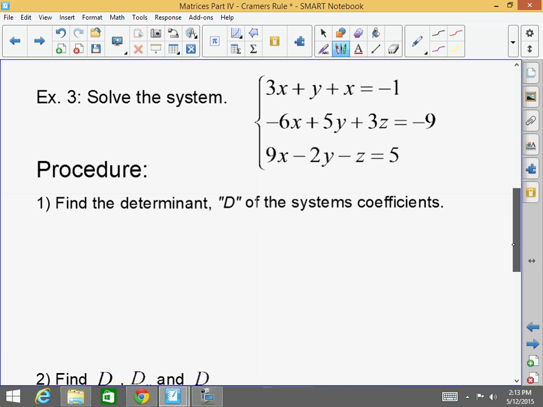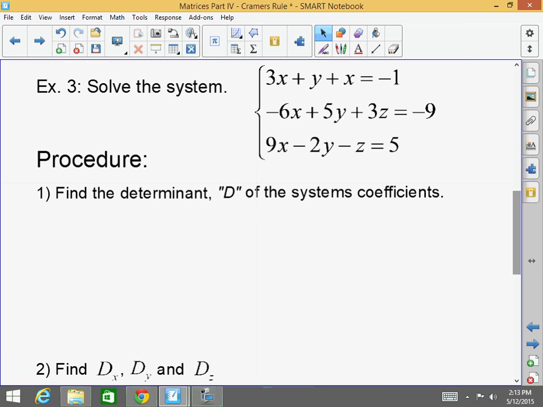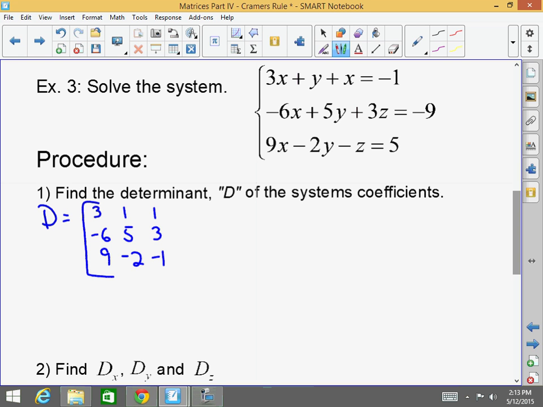Okay? Okay, number 1, always find the main determinant. So to find my main determinant, I'm going to use my main matrix, which is 3, -6, 9, 1, 5, -2, 1, 3, -1. Good job.